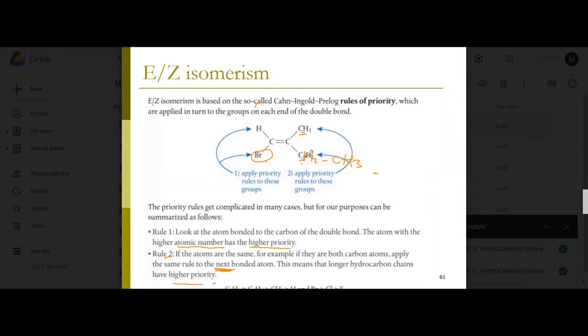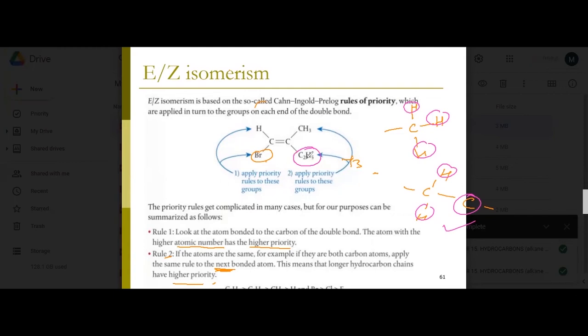The next atoms for this group are H, H, H, but for this one they are H, H, C. So this is higher priority. The conclusion is C2H5 has the higher priority compared to CH3.